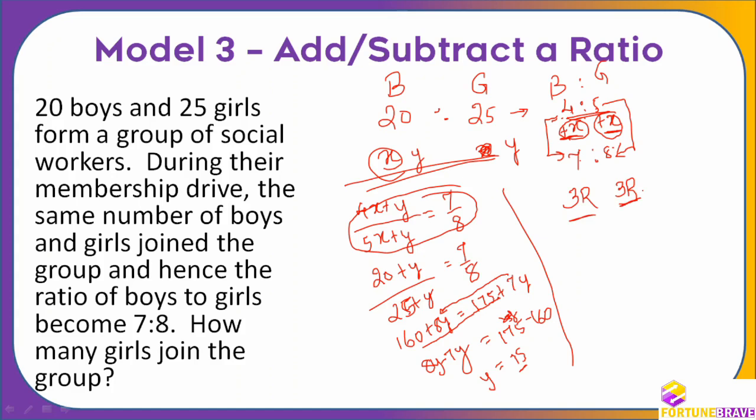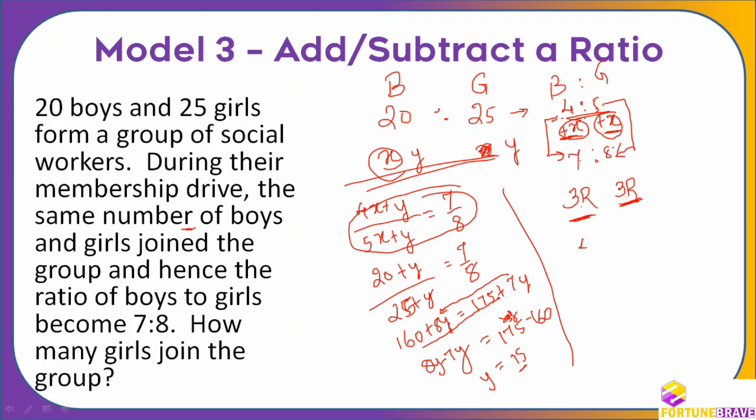There also, 4 has become 7 and 5 has become 8. They said the same number joined, so the actual ratio value is also the same here, 3 ratio and 3 ratio. Therefore 3 ratio has been added.